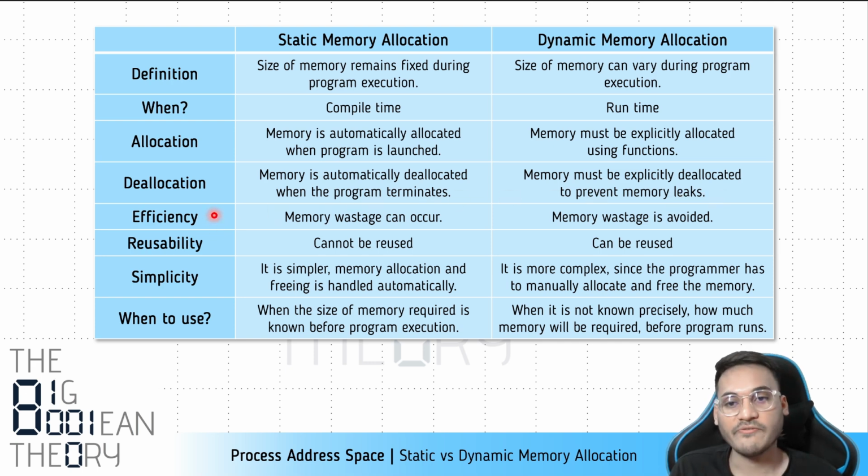Then let's talk about the efficiency. As you can observe, in static memory allocation, the size will remain fixed. So if there is a chance that the entire memory that you allocated is not being used, then memory wastage can occur. For example, let's say you have created a character array to store the name of a person, and you do not know upfront before running the program what the input will be like.